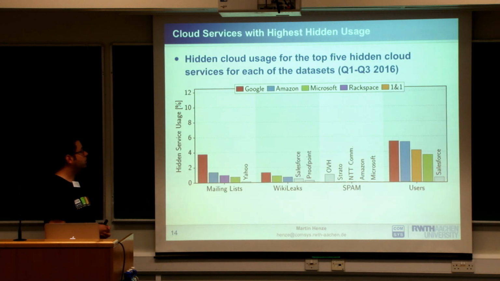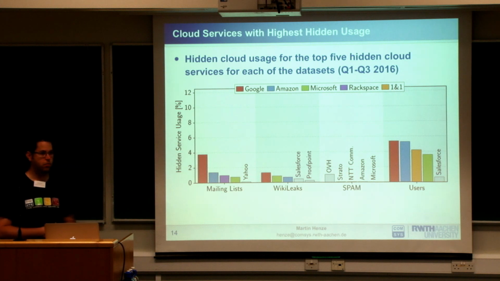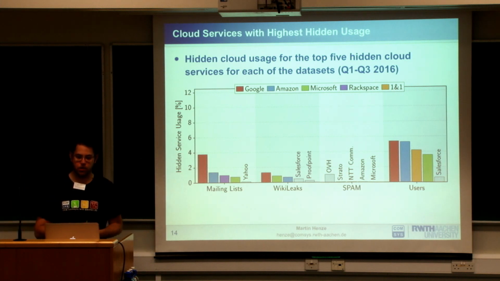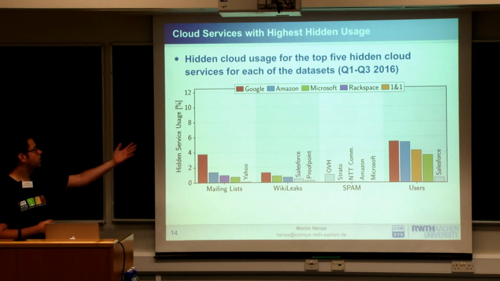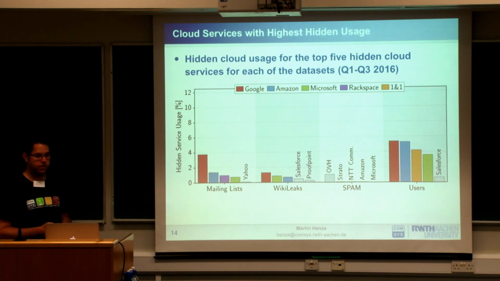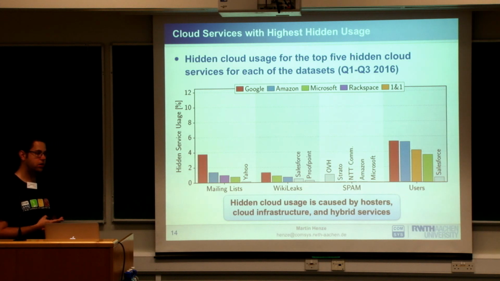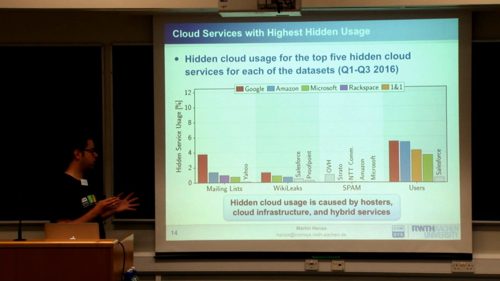So then we said, okay, again, just look at the providers that are causing that. And essentially what you observe is that it is hosted, and that's what you expect, because if I'm using my own domain name, just by looking at my email address, there's no way to figure out where it is hosted.